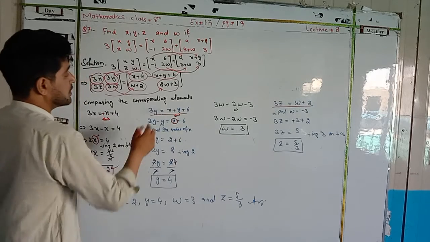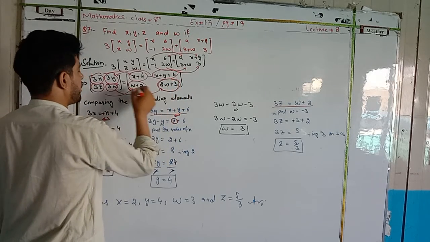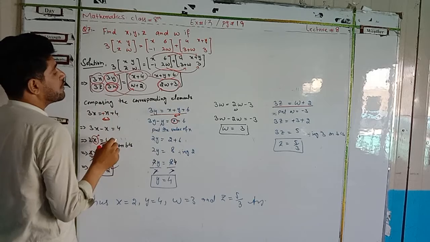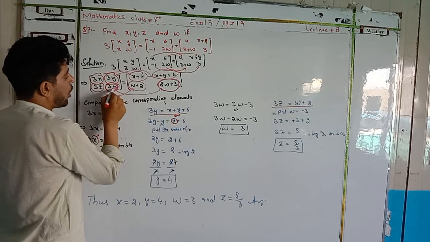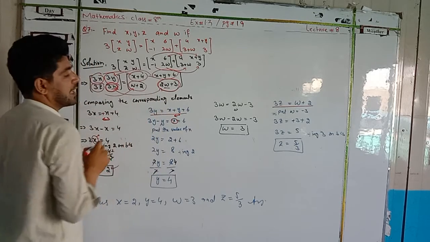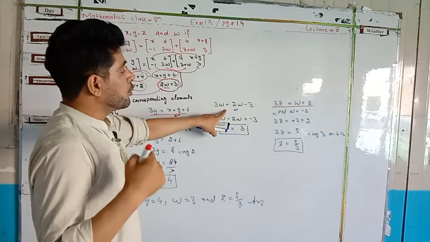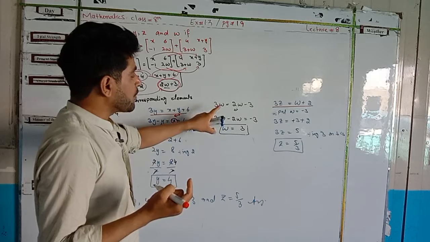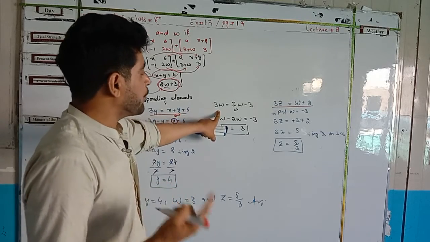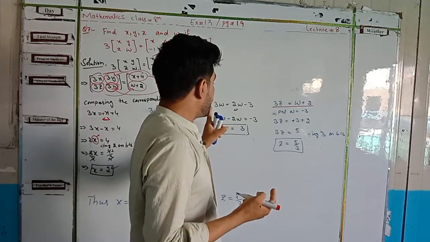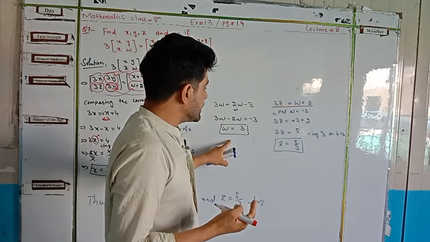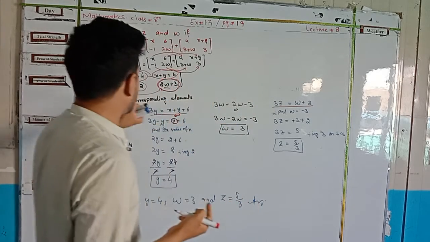Now we take the fourth element, because we have only one variable in this equation. First we find w from this equation, and then put the value of w in equation number 3.